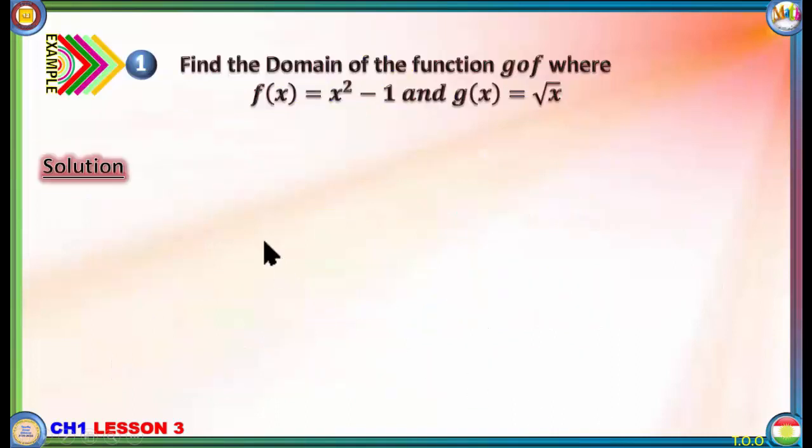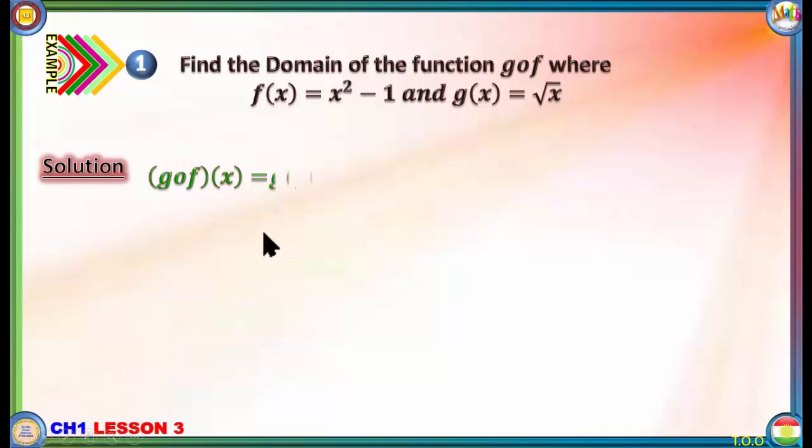Example number 1. Find the domain of the function g of f where f(x) is equal to x squared minus 1 and g(x) equals square root of x. First of all, let us find the function g of f(x).